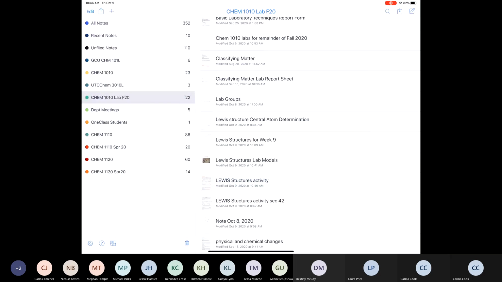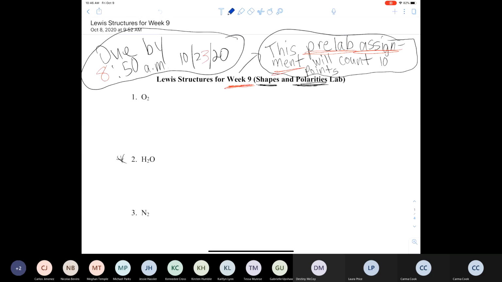Your Lewis Structures document for week 9, you will not submit to the week 7 Dropbox. I will create a special Dropbox for this document that is not due until 8:50 a.m. on October 23rd. And I'll have the Dropbox set up sometime this weekend.